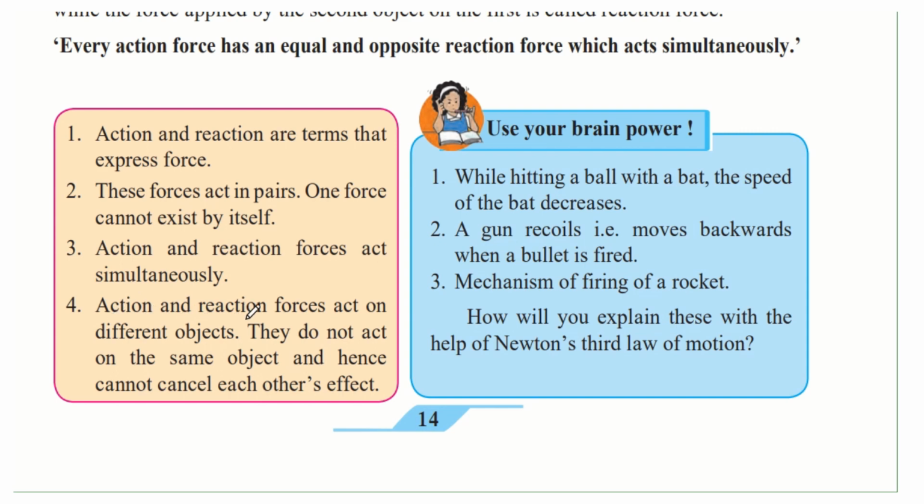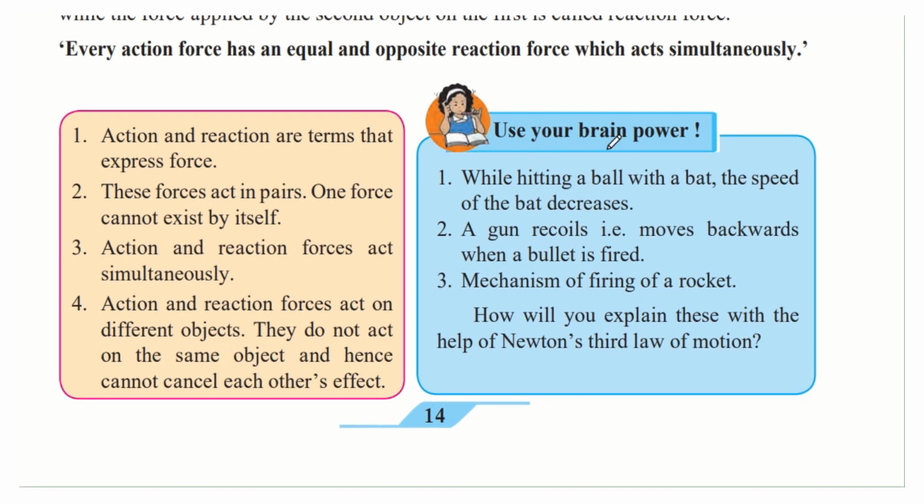Action and reaction forces act on different objects. So we had seen that action was the force that the book was applying on the table, and reaction was the force applied by the table on the book. So it tells us that action and reaction forces are acting on different objects. One was acting on the book and one was acting on the table. They do not act on the same object and hence cannot cancel each other's effect.